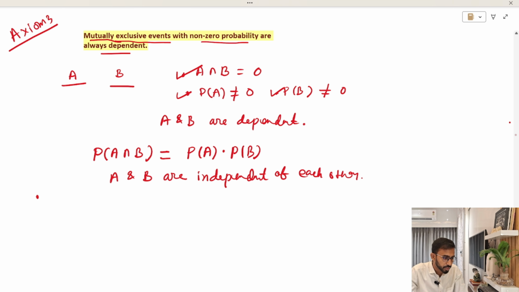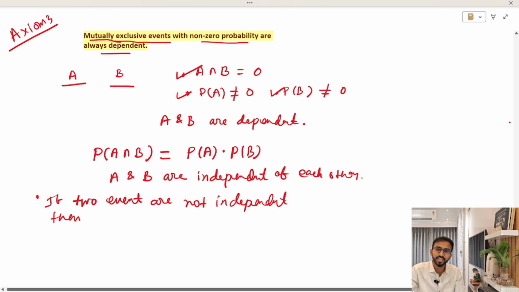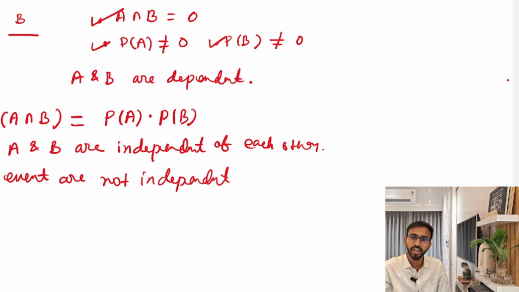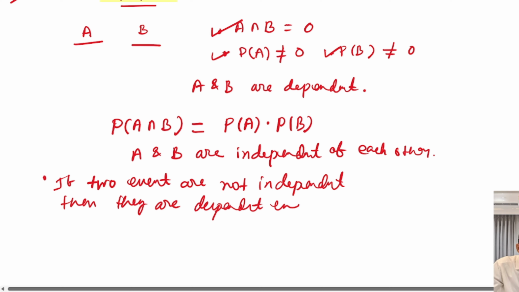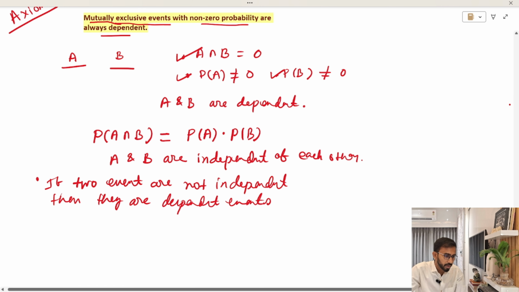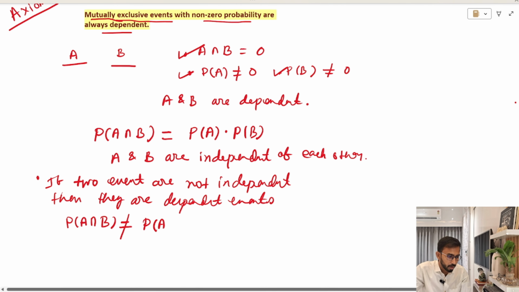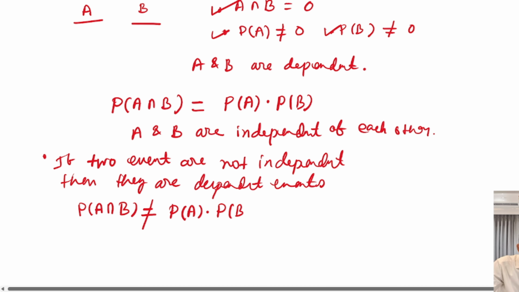If two events are not independent, then they are always dependent events. So why? Because here probability of A intersection B is not equal to probability of A into probability of B.